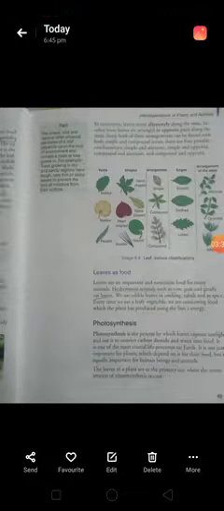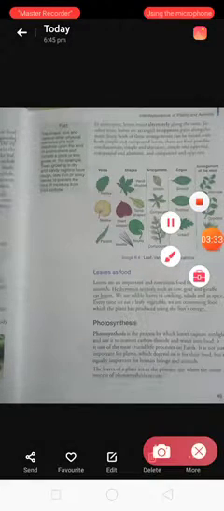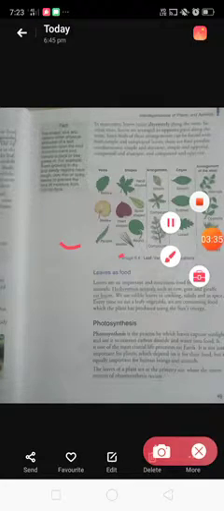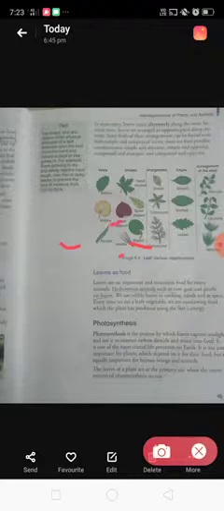Next, see the structure of the leaf here. See, some are round, some are heart shaped, some are lobe shaped. Okay. Now see some arrangement of the leaves. Arrangements of leaves are alternate arrangement, opposite arrangement, then whorled arrangement.